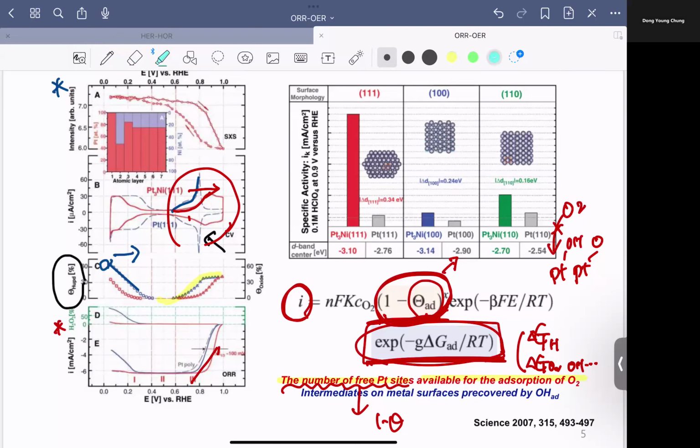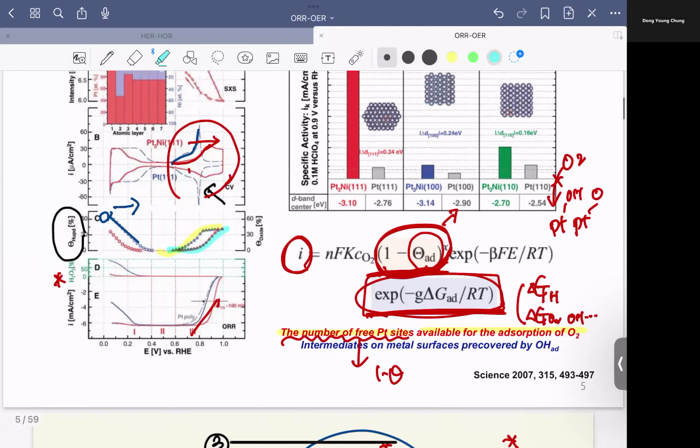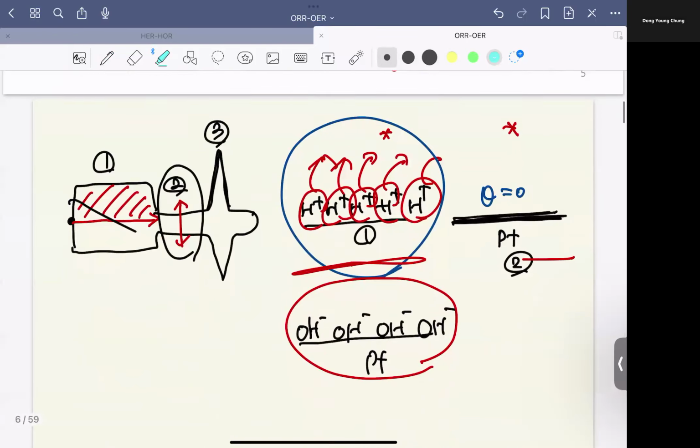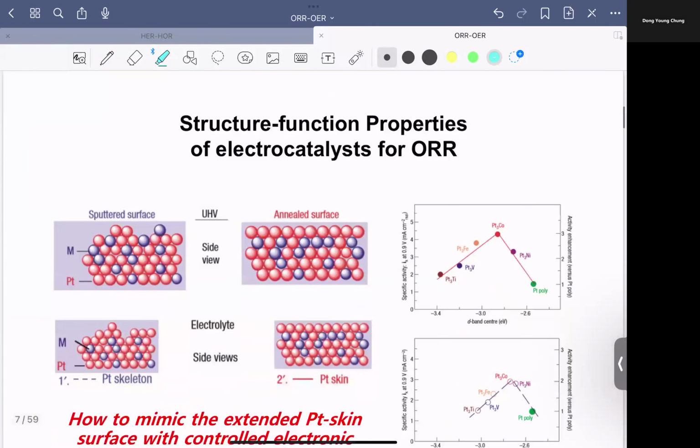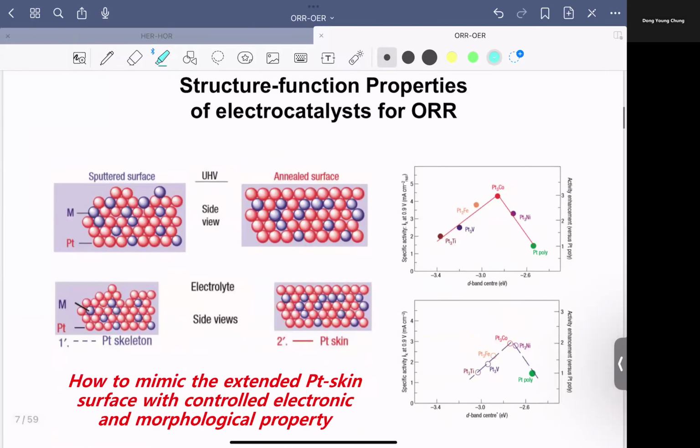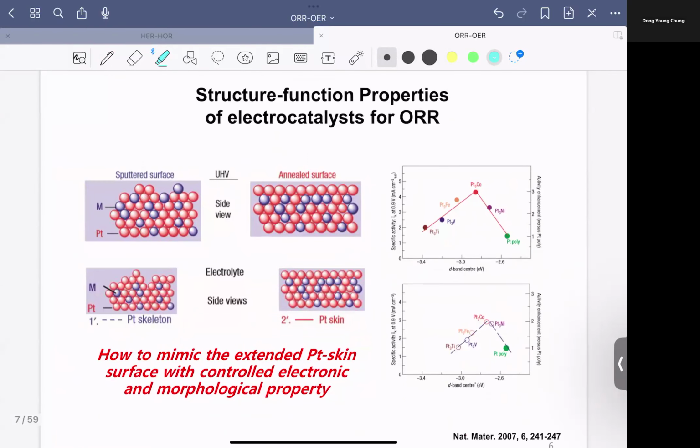However, if you introduce nickel, then the surface coverage of the OH is much less at a certain potential. That's the reason why you can get higher ORR activity, right? So this is a very important analogy for how to discuss and design the active site.